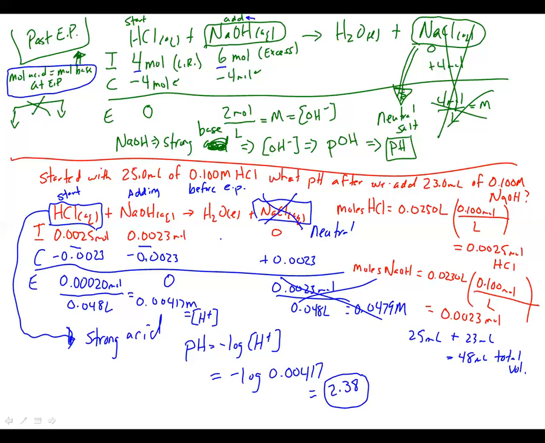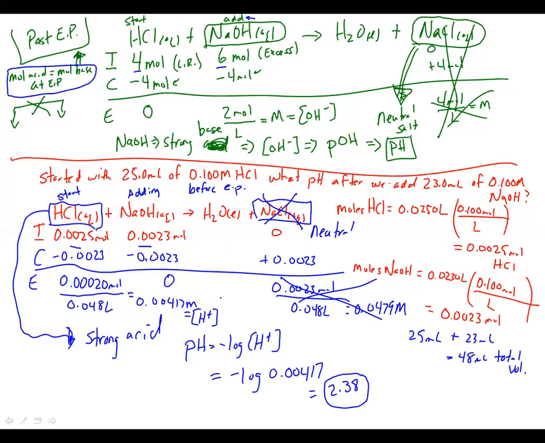We are going to talk about two other types of titrations where you take a weak acid and a strong base, and also where you take a weak base and a strong acid. They have some different calculations involved in them. So again, what we just went over is specific to titrating a strong acid and a strong base together. Any questions on that?